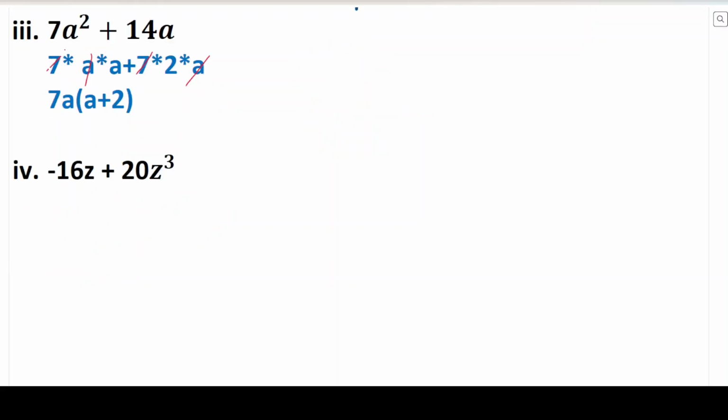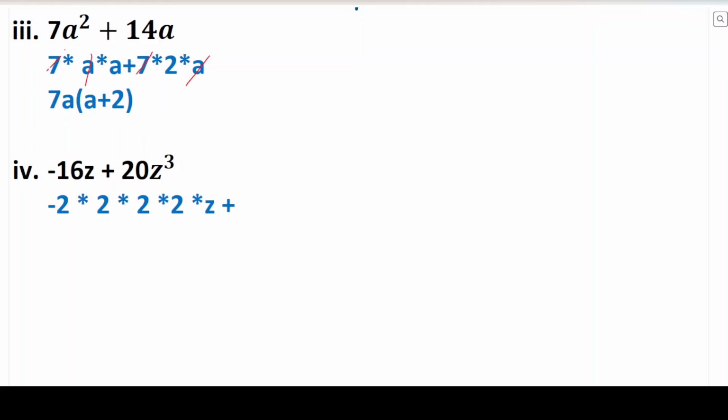So next problem, minus 16z plus 20z cube. First, find the factors of minus 16z. By using the LCM, we can find the factors. 16 we can write as 2 into 2 into 2 into 2, into z, plus 20z cube.